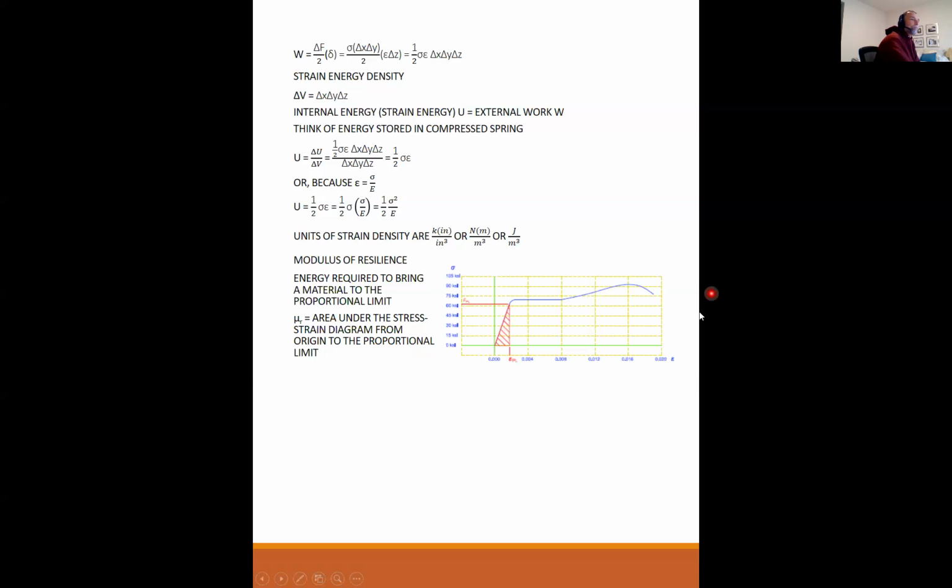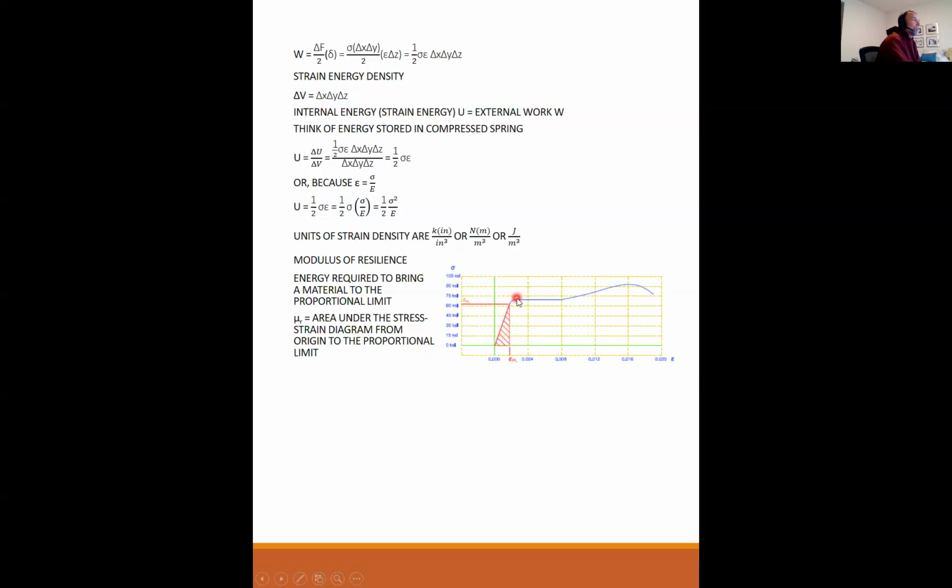Remember, this is a stress strain diagram for a ductile material. You have your elastic range, the proportional limit, yielding, strain hardening, and fracture from last time. So the modulus of resilience is just a measure of how much energy a material can take before you have pushed it out of the elastic range.